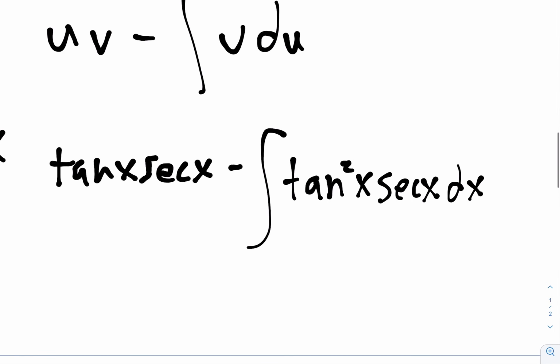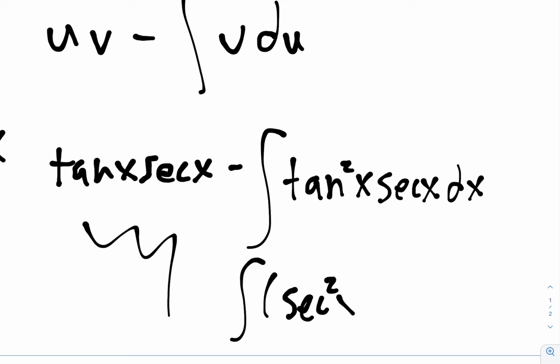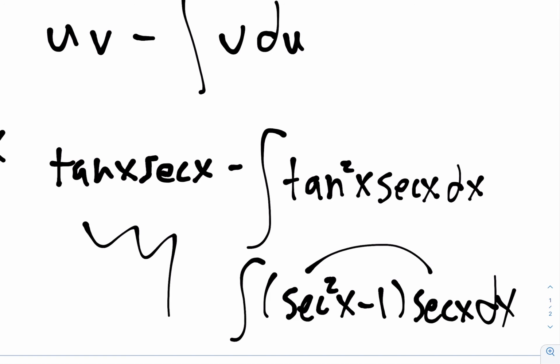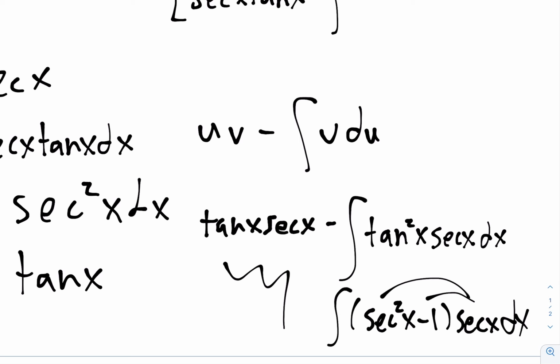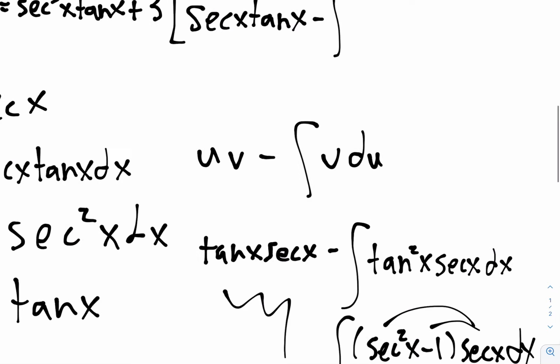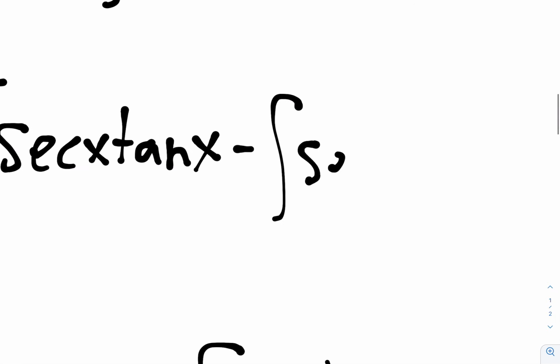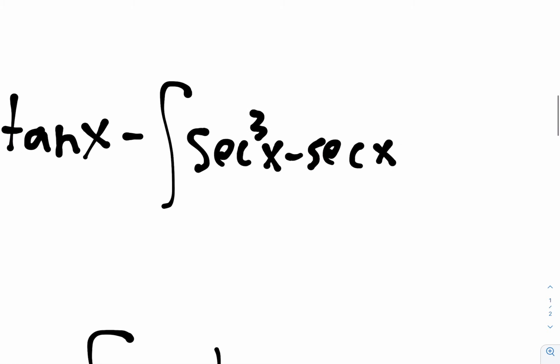So this was tan squared x times secant x. Instead of writing that, let's use our identity once again. So let's keep this part the same, but instead of tan squared x, we're going to write secant squared minus 1 times secant. And when you distribute this in, you're going to get secant cubed, right, minus secant. So it's going to be minus the integral of secant cubed x minus secant x dx.